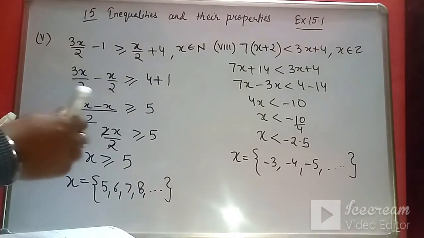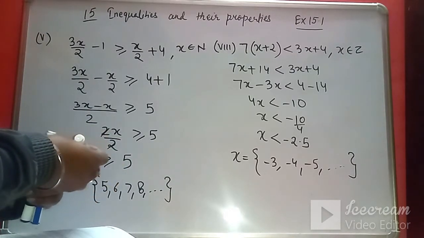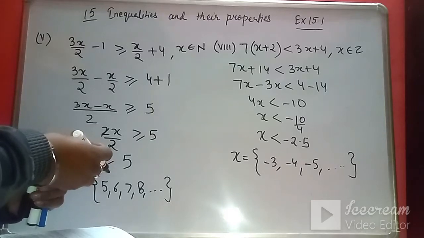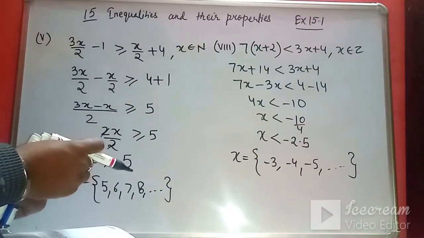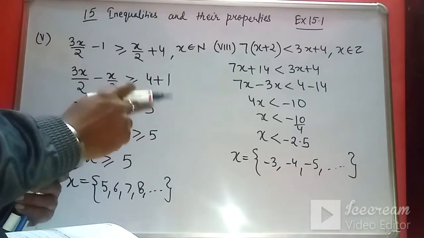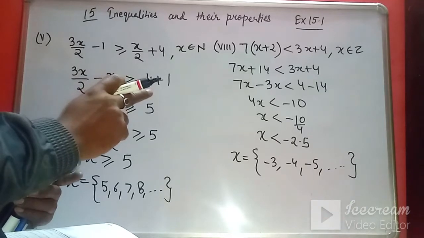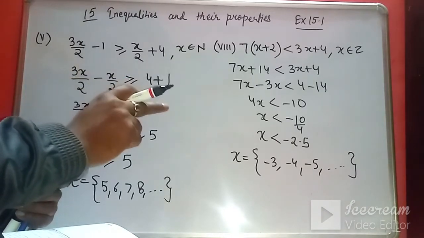Okay, so in questions like this, whenever the numerator is not divisible by the denominator, you take out the value in decimals. Then according to the given condition, like here it was given x belongs to all integers, so all the integers less than minus 2.5, that means minus 3, minus 4 and minus 5.